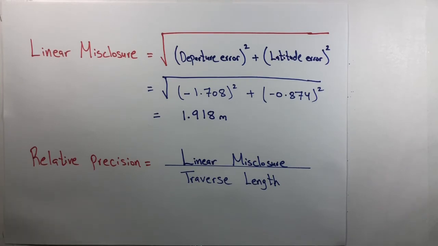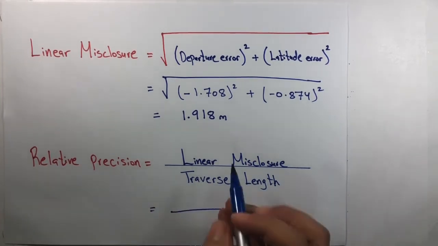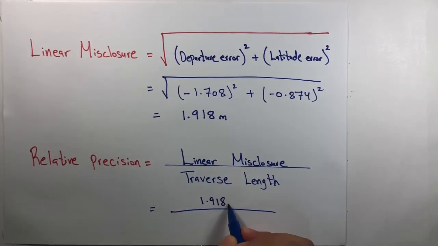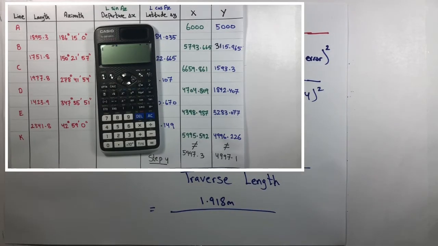Moving forward to the relative precision, we can calculate the relative precision, which is the linear misclosure 1.918 meters over the total length of the traverse. We will add the lengths so we can get the total length of the traverse.